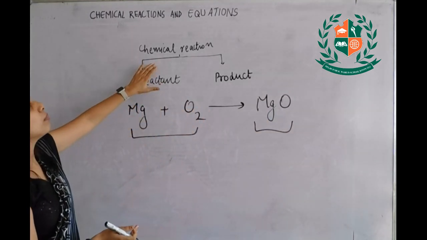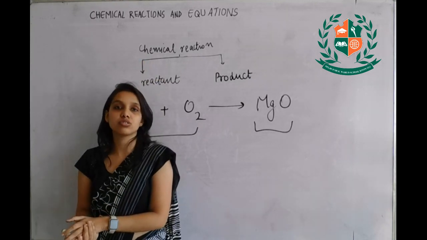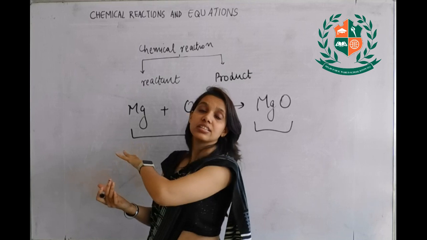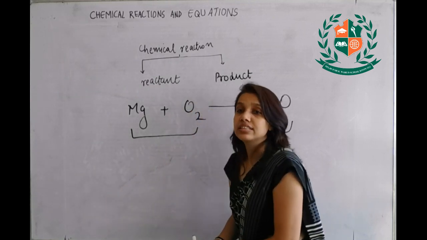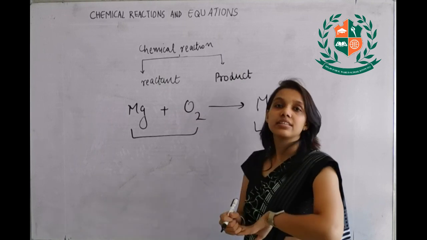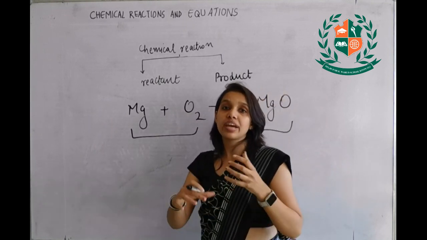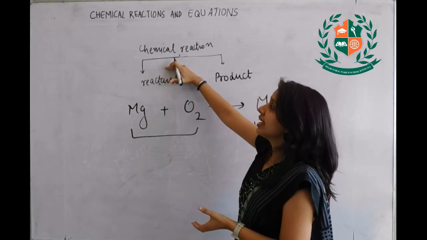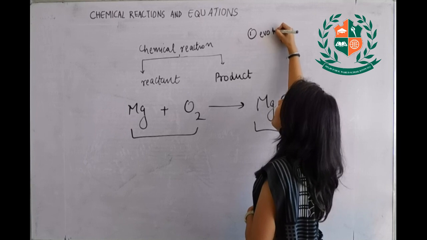Now, what is a chemical reaction, and how does it differ from a physical change? There are various characteristics given in your NCERT book. The first characteristic of a chemical reaction is evolution of gas.